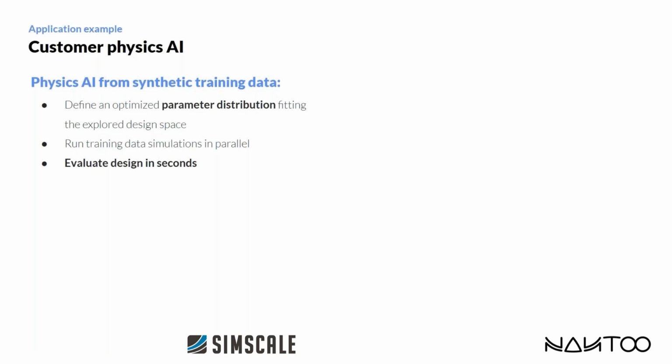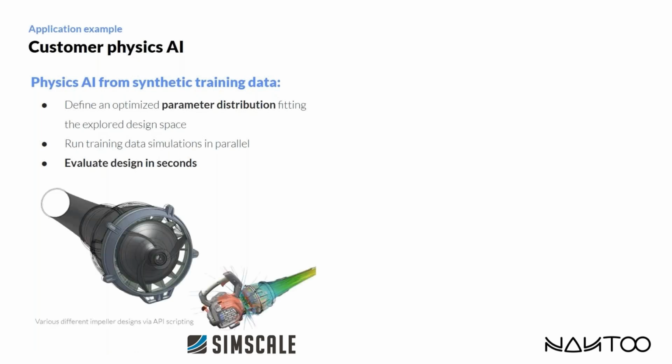And then obviously you can evaluate your designs rather in seconds than in hours or minutes as for traditional CAE. For our example that you can see here, we just applied various parameters, so like geometrical parameters as blade numbers and height, but also some simulation setup parameters as the flow rate.